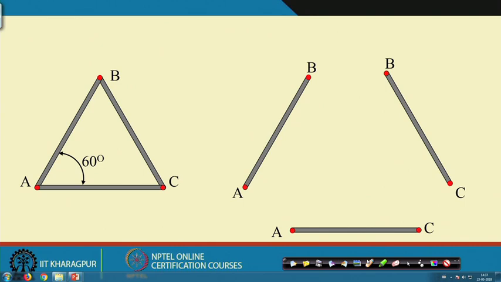So, we write an equation for this part: force is equal to stiffness into displacement, right? And here also we write the same, force is equal to stiffness into displacement.